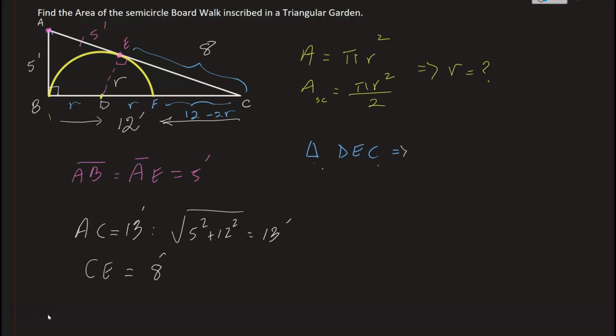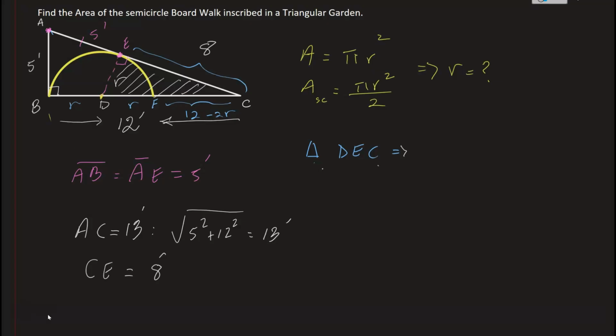Now we're going to write up the Pythagorean for triangle DEC, which is this triangle right there, and then solve for the radius r. The hypotenuse is DC.